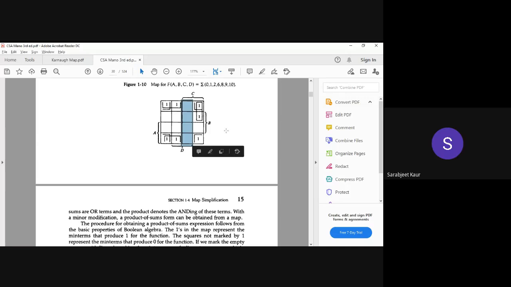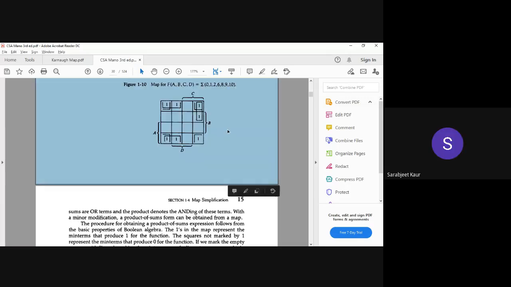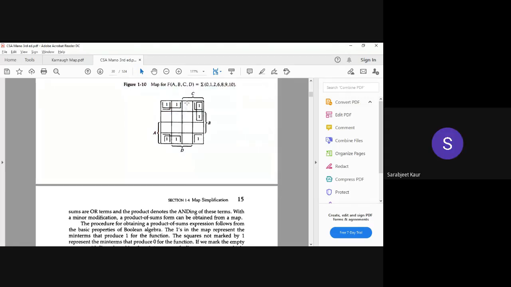So obviously, the reduced expression that I will get after grouping the zeros should be put equal to f complement, not as f. Am I right? Are we on the same page?